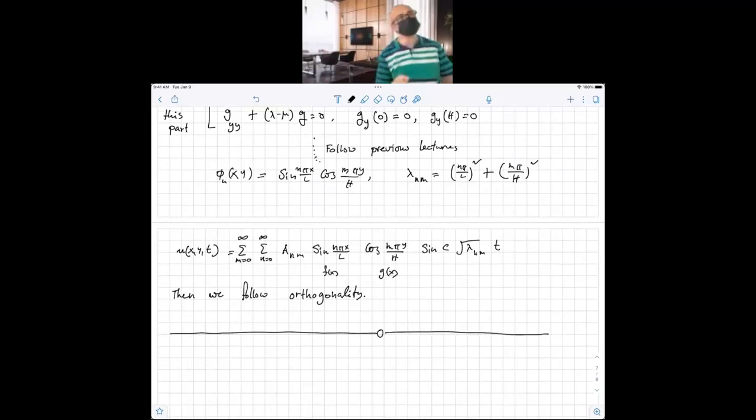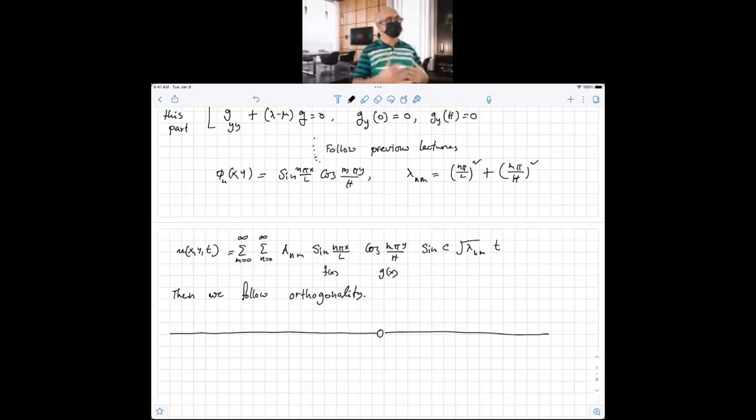So let's start with something that I said at the beginning: how do you choose the boundary condition in order to be able to solve the problem? Said another way, are there any conditions on the boundary conditions in order to have a unique solution?